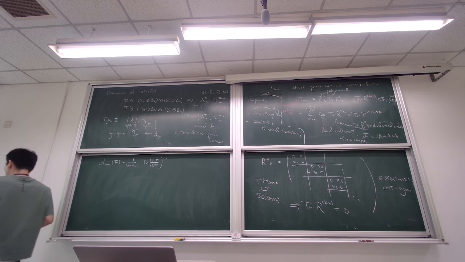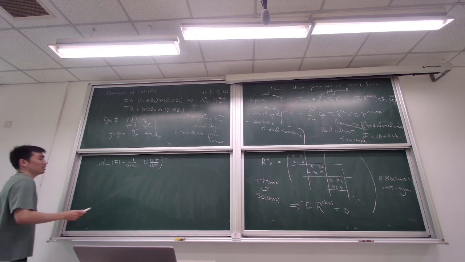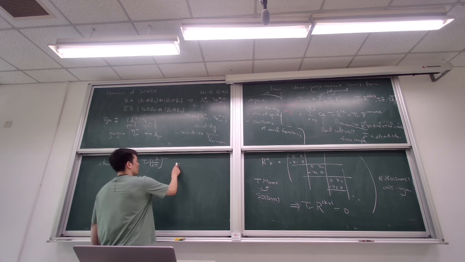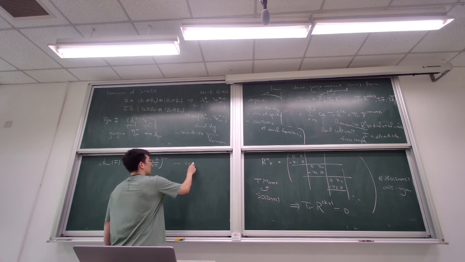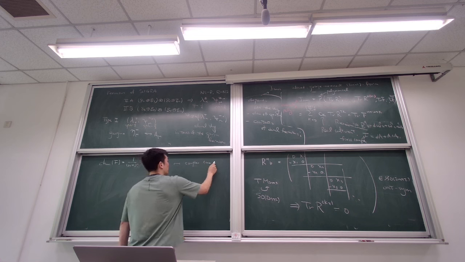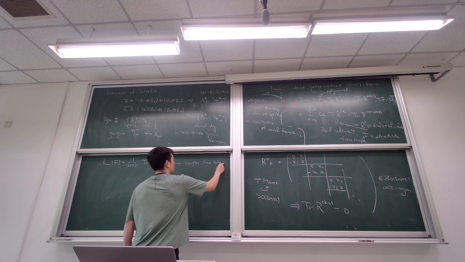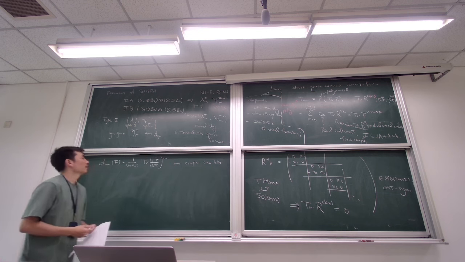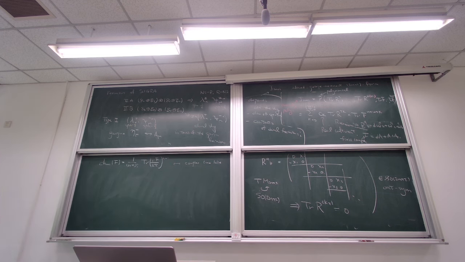Another thing is the so-called associated complex line bundle, but I'm not going to go into detail.